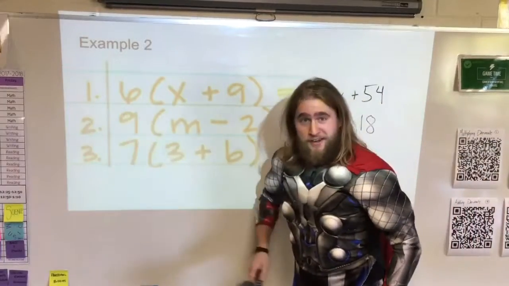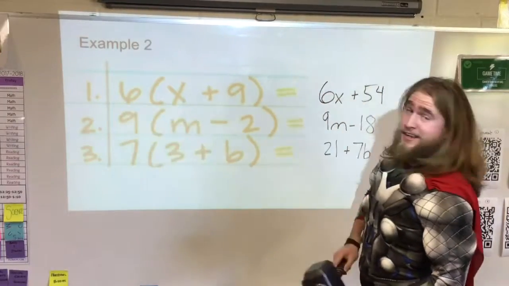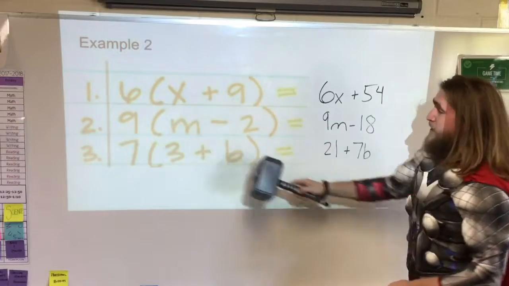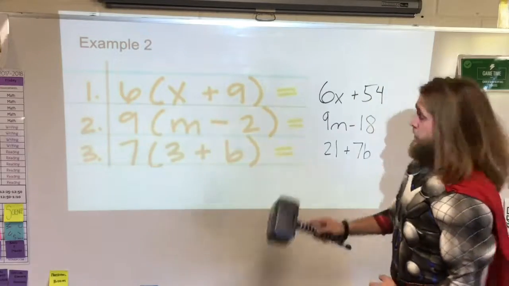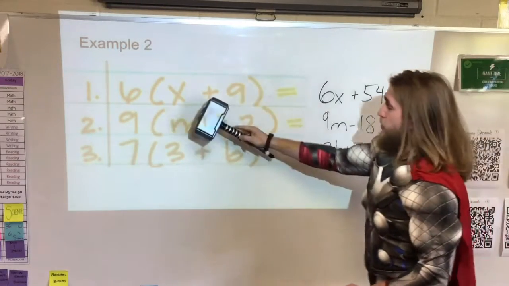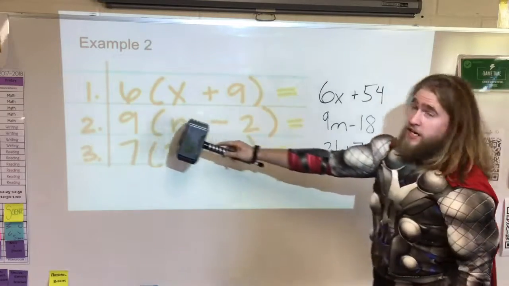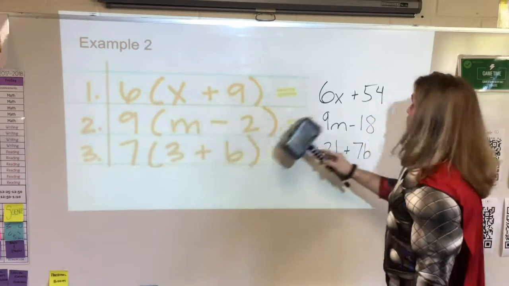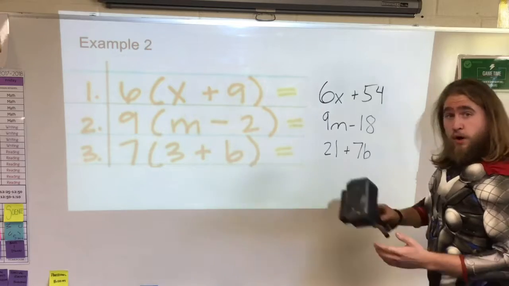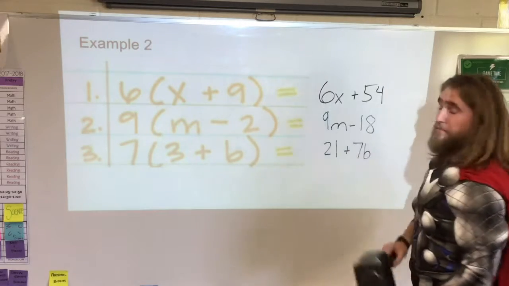So, for the first problem, we have 6 times x plus 9. To get the answer, we take 6 times x, 6x. We write the plus sign, and then take 6 times 9, which is 54. So our final answer is 6x plus 54.